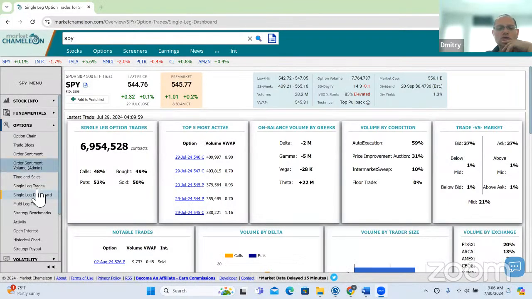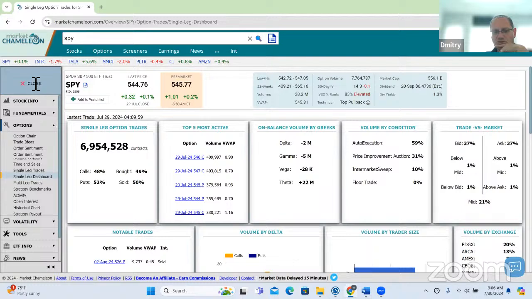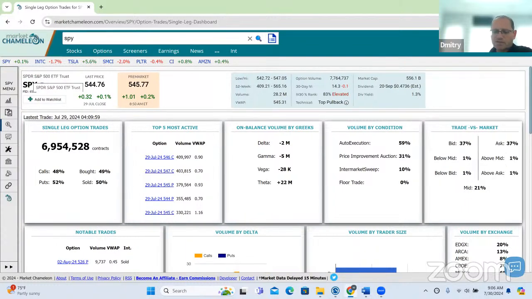Okay, let's come back to the single leg dashboard. We'll just discuss this report over here. One of the things when we analyze options is that when you see option contracts trading, sometimes a trade could be entered as multi-legs, like if you enter a call spread.